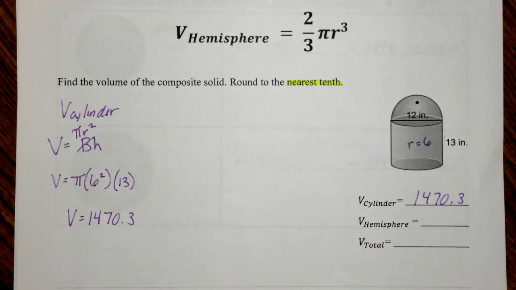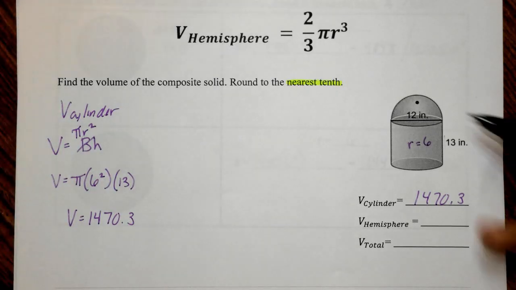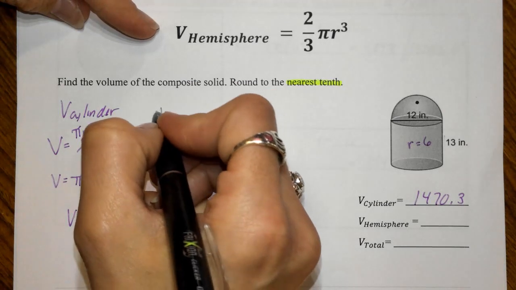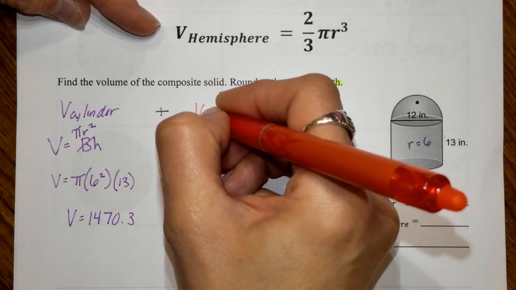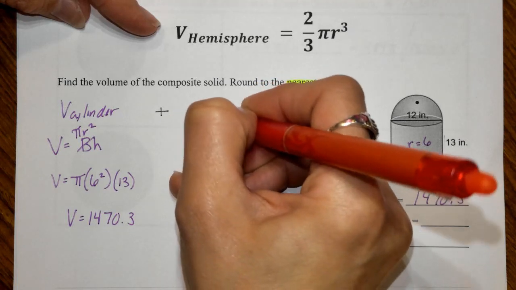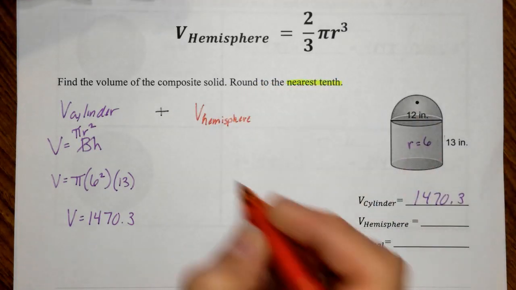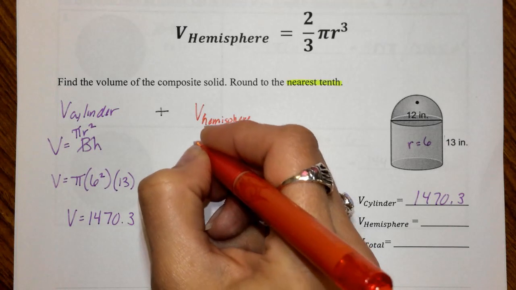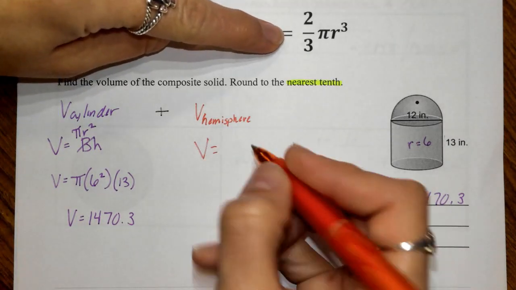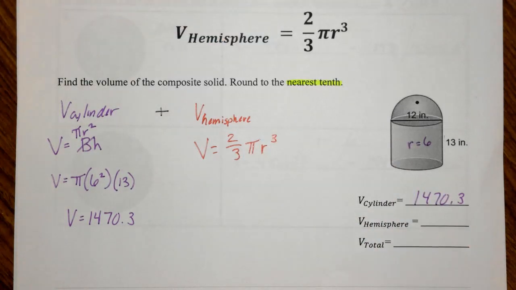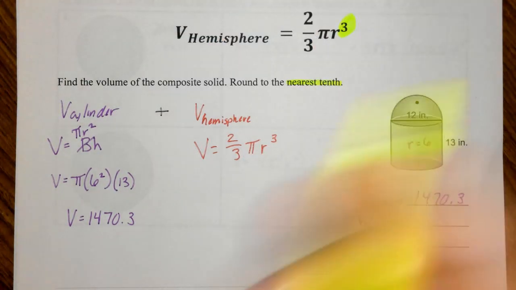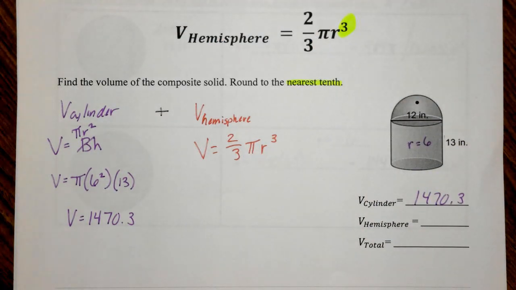Because we have the hemisphere on top of the cylinder, we need to fill both of these together, so we're going to end up adding. And so now we'll go find the volume of the hemisphere. The volume of the hemisphere formula, as written right above, is 2/3 pi r, and again, just like the sphere, please make sure you are cubing that radius.